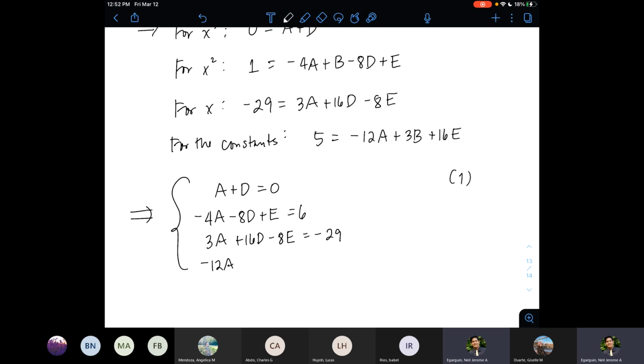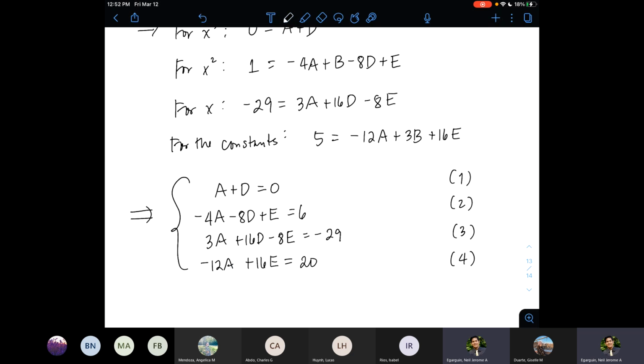I know that b is negative 5, so I'll have a minus 15 here, plus 16e is equal to 5. And then I can put this minus 15 as a plus 15 on the right side. So I'll get a 20 here, and then put that here. Okay, let's call them equations 1, 2, 3, and 4, respectively.